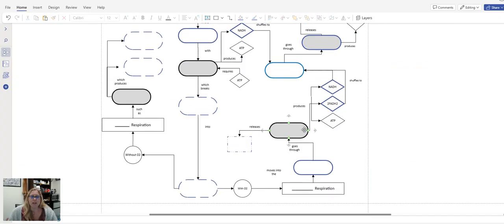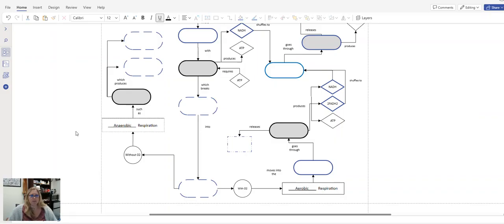Well, first thing I'm going to do is I'm going to look to see if there's anything that says with or without, okay? So on here, we see without O2 and with O2. Well, when I was looking at my word bank, I knew that aerobic meant with something, in this case with oxygen, and anaerobic meant without oxygen.